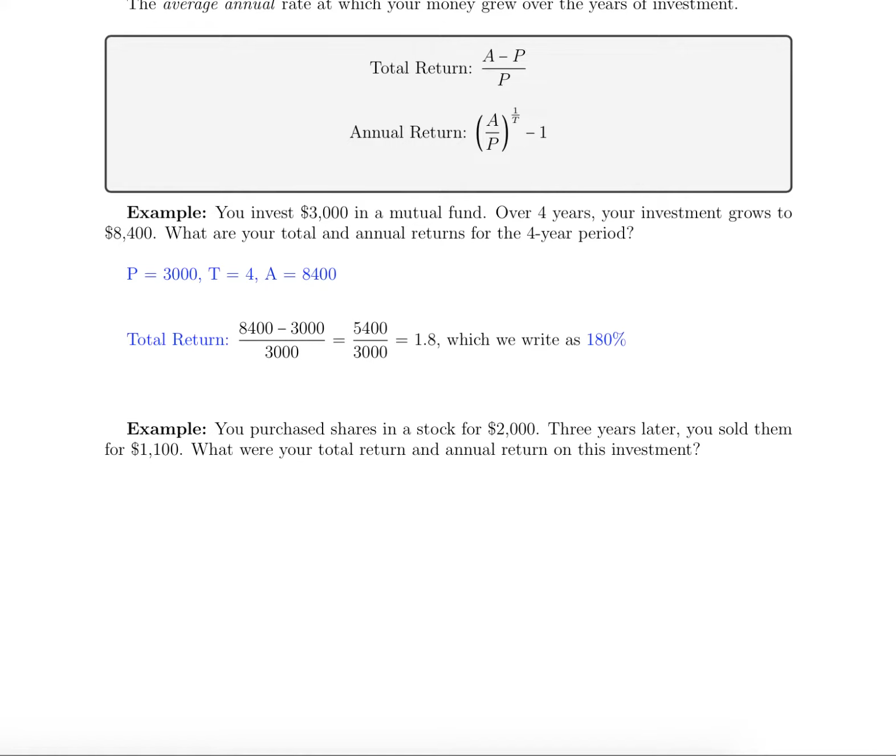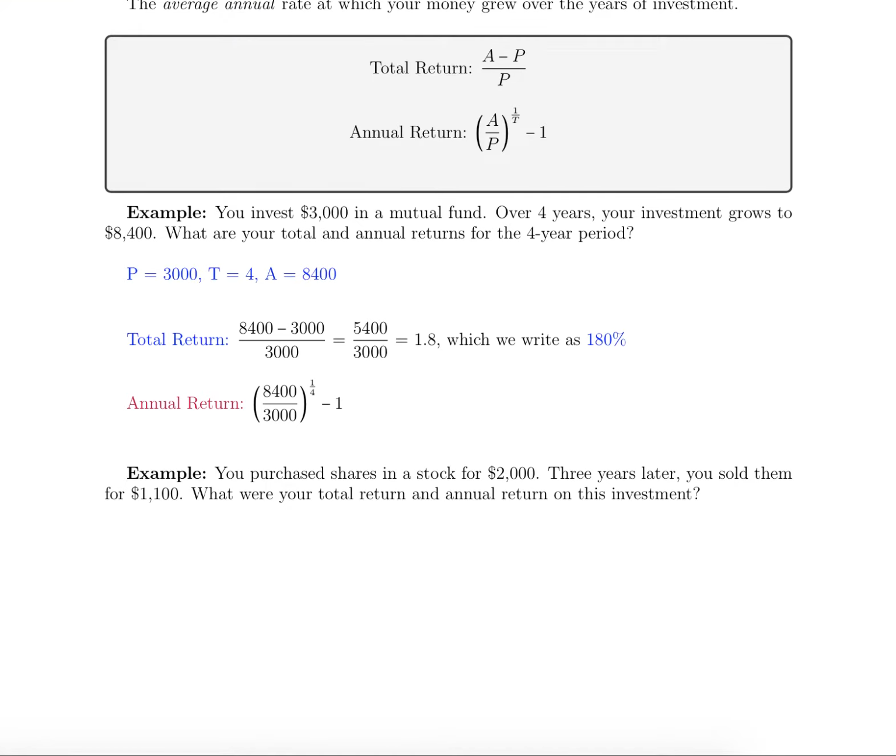Next, annual return. So plugging everything directly into this formula, A over P is 8,400 over 3,000, to the power of 1 over T, which gets us to the power of 1 over 4, and then minus 1. And when you put that into your calculator, you should get approximately 1.3.